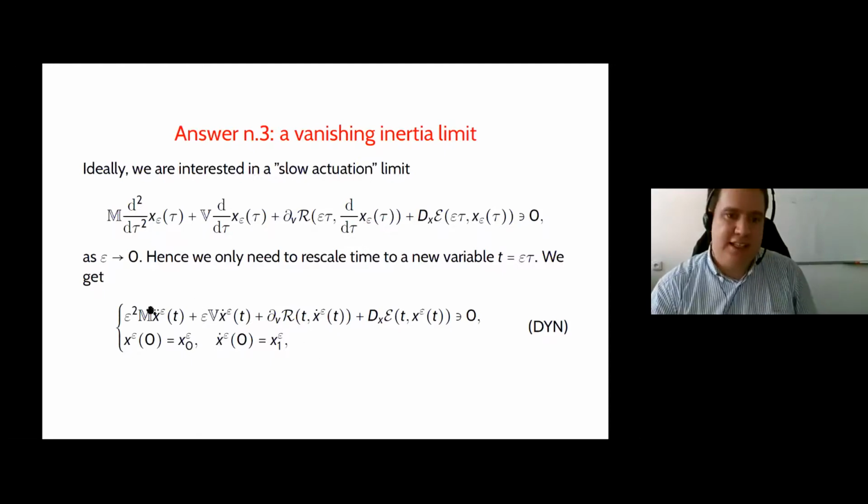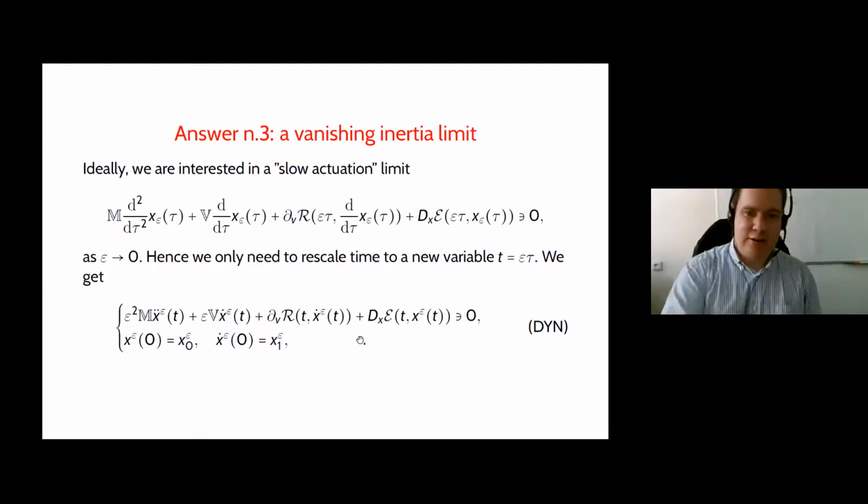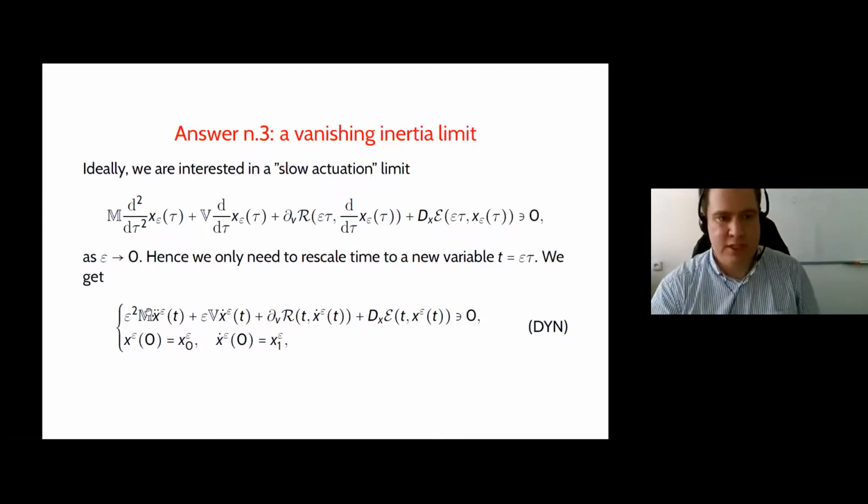And what we get is that we can carry an epsilon in front of these terms. So in front of inertia, we have an epsilon square term that comes from the second derivative. With viscous friction, we have one epsilon only because we have a first derivative.